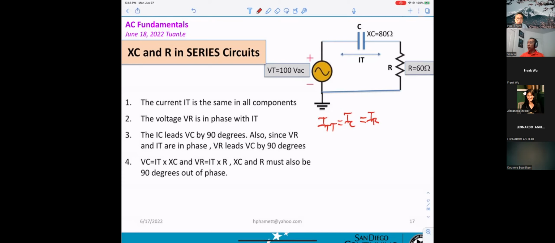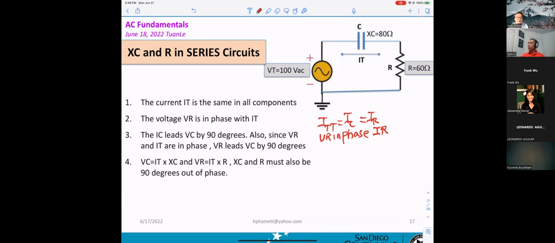So what I say for VR in phase with IT or in phase with IC, we already know VR is in phase with IR. IC, IT, same thing. So that's why VR is in phase with I total, IC, IR.